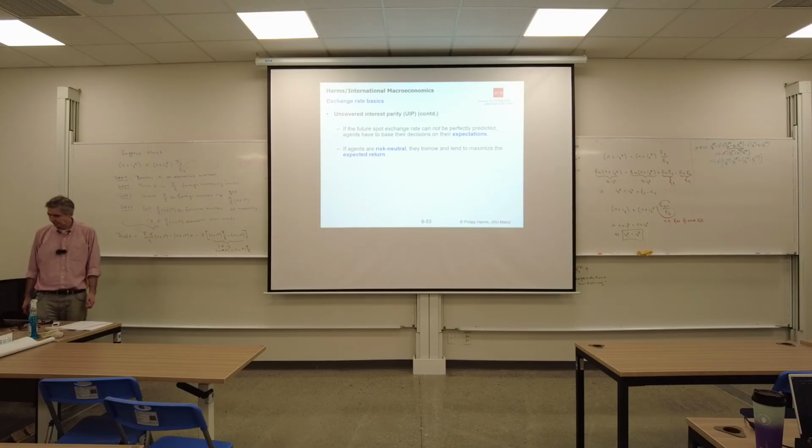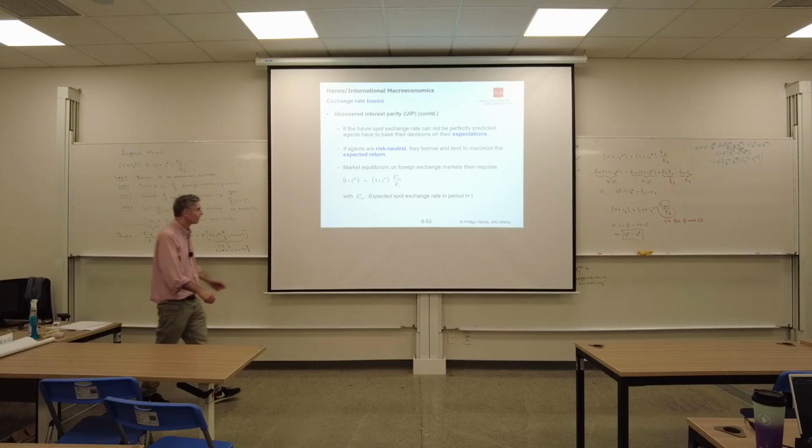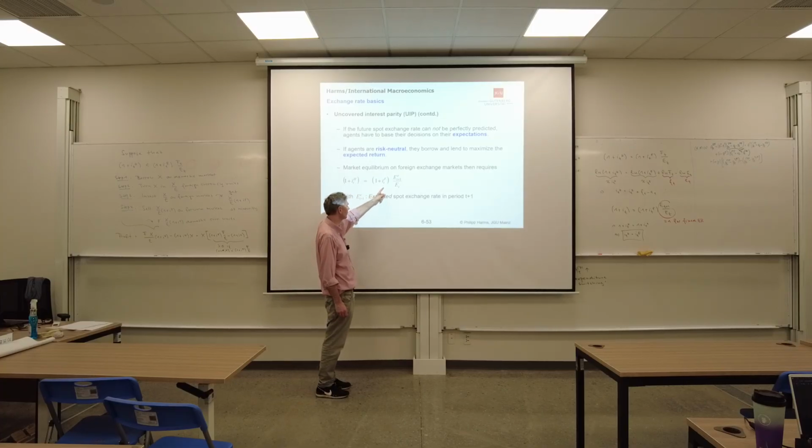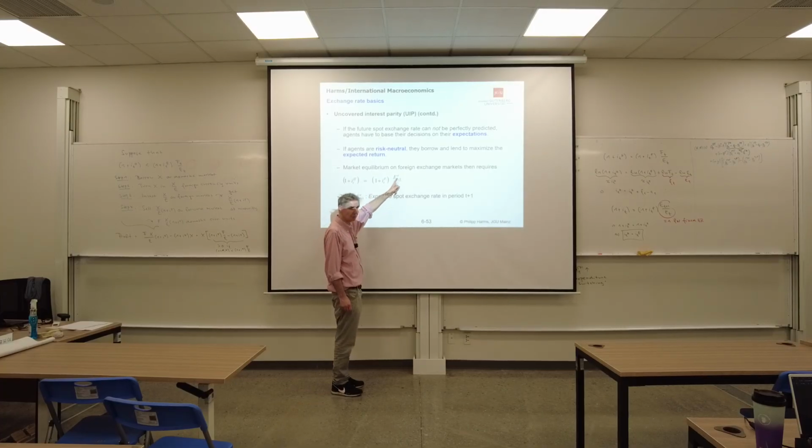Now, if agents are risk neutral, they borrow and lend to maximize the expected return, and in that case, the uncovered interest rate parity condition has to hold, which says the return on domestic currency assets has to be equal to the return on foreign currency assets times the expected future spot exchange rate divided by the current spot exchange rate.